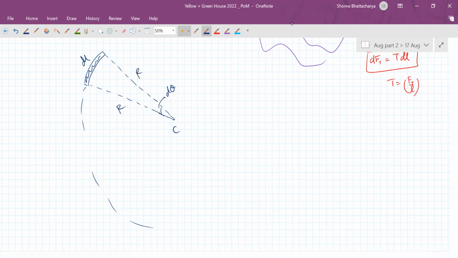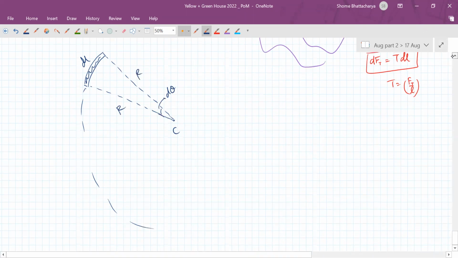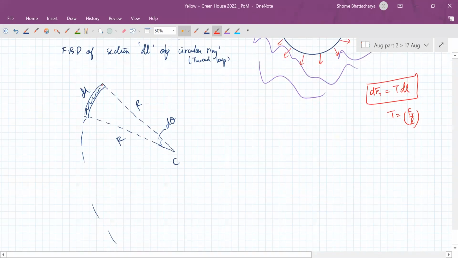This is the radius of the loop. Then it will be experiencing tension here and here tangentially like this. And it will be experiencing force due to surface tension like this, radially outwards.